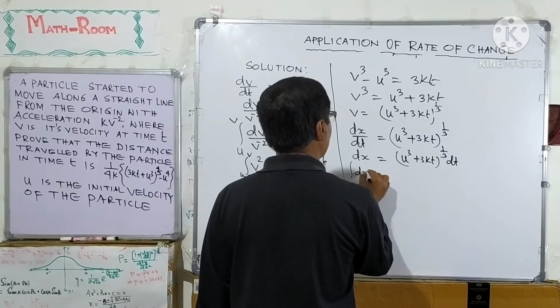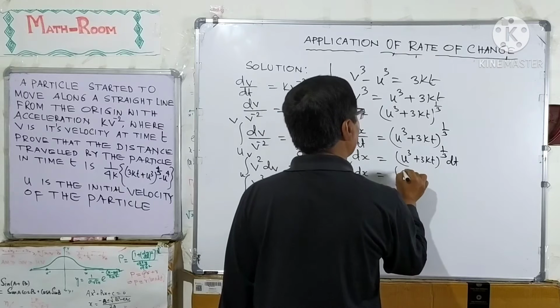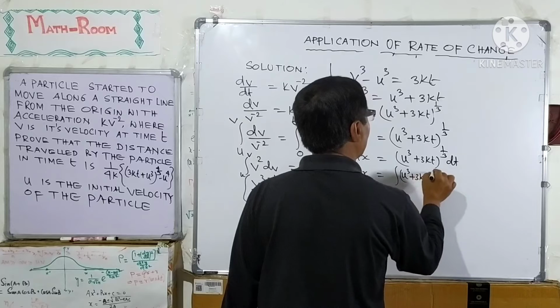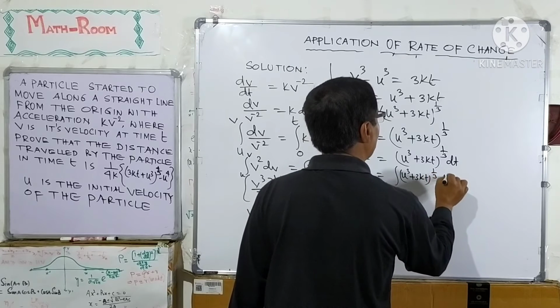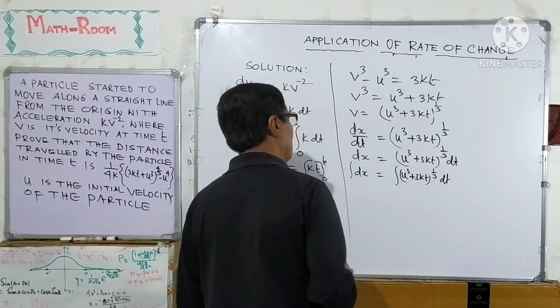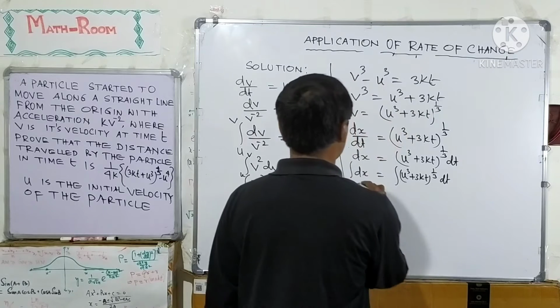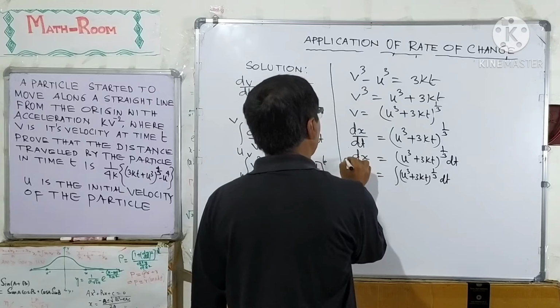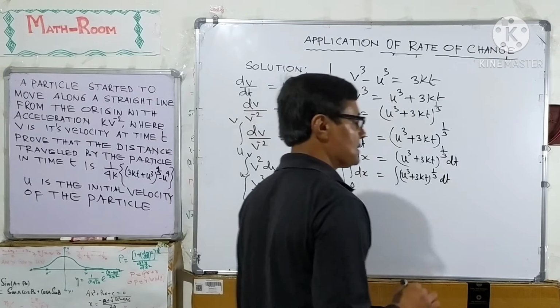Integration of dx equals integration of u cube plus 3 kt to the power 1 over 3 dt. Here also the initial displacement is 0 and the final displacement is taken as x.